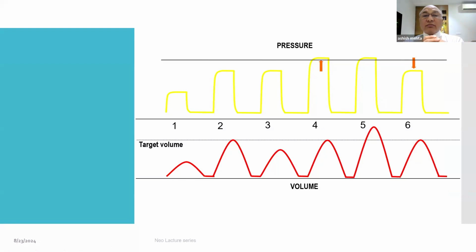Why so? Because it can increase the pressure to deliver the desired volume only within the Pmax that you adjusted. It cannot go beyond this.